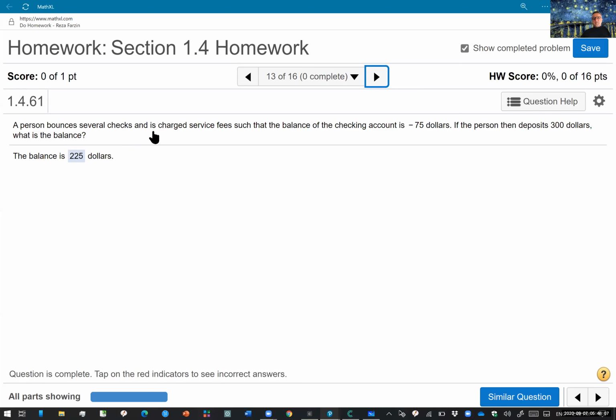A person bounces several checks and is charged a service fee such that the balance of the checking account is negative $75. So in other words, the current standing of the account is negative 75. That's the current balance. Then the person deposits 300.